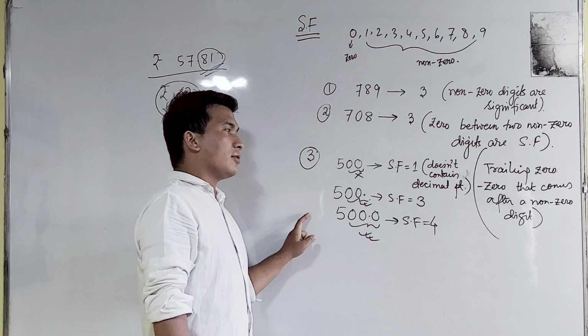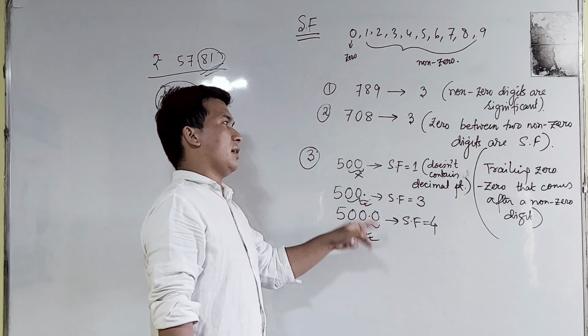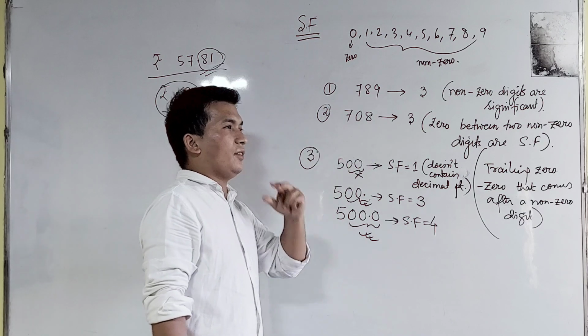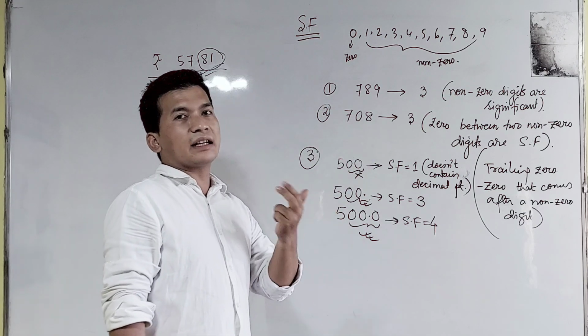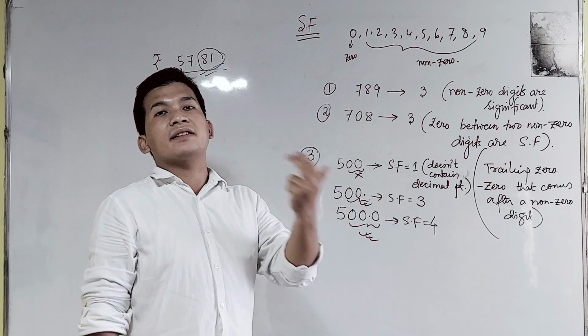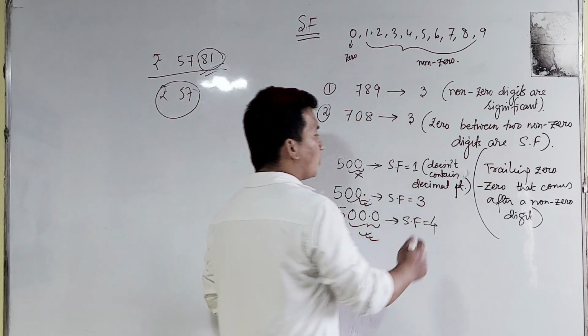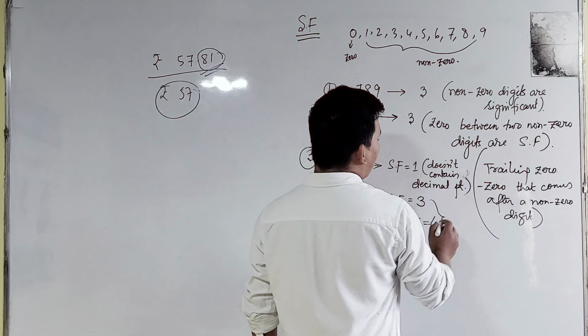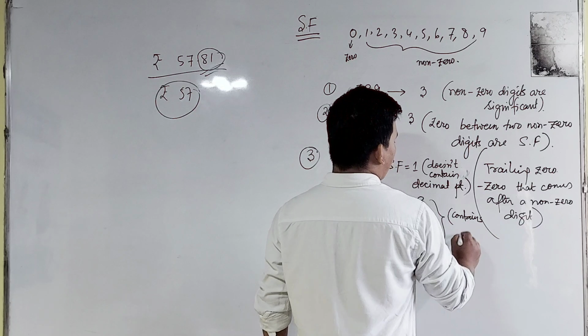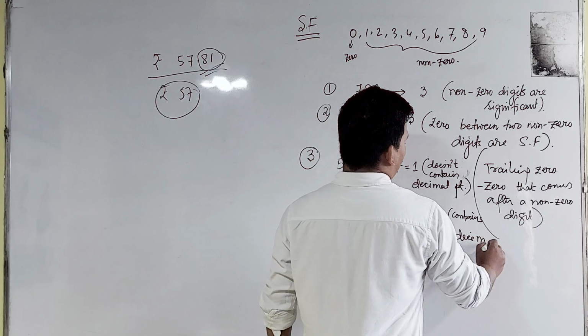Remember, trailing zeros: if it doesn't contain a decimal point, then we ignore the zeros, and if it contains a decimal point, then we do count the zeros as significant figures.